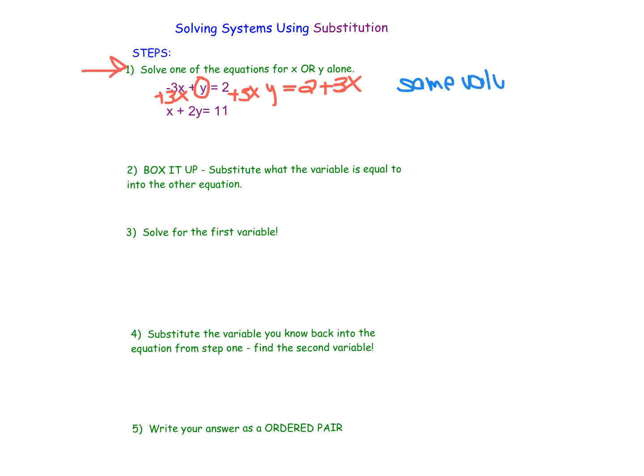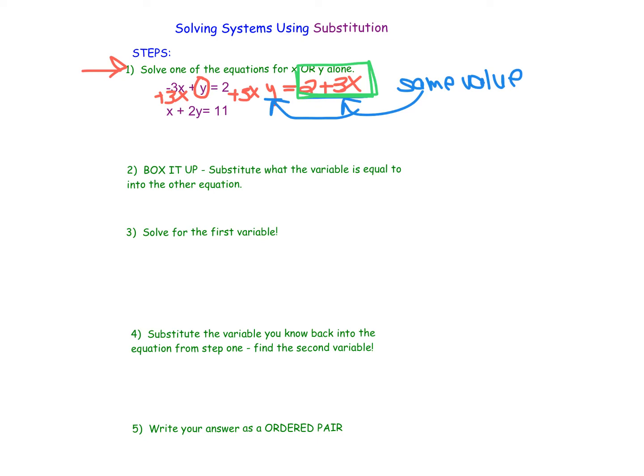So what this means is that, regardless of what their variable values are, y and 2 plus 3x have the exact same value. So I can actually replace y with its equivalent, which is 2 plus 3x. They are the same thing.